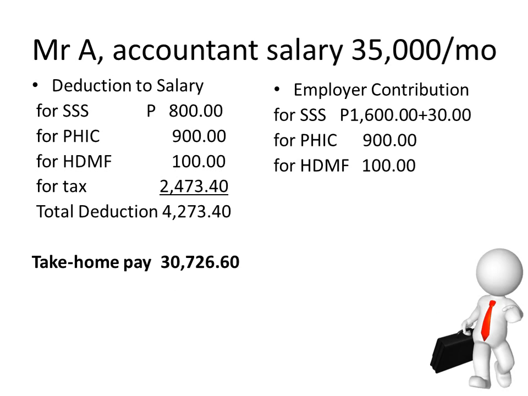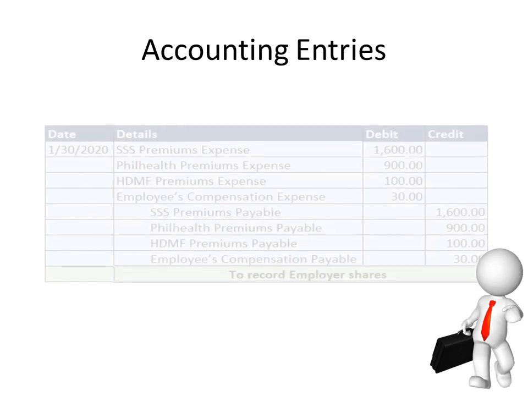So meaning our take-home pay is 30,726.60 if we are in a private entity. Take note that there's a difference between the SSS and the GSIS. And this could also be the reason why those who are publicly employed have a higher pension in the future rather than those who are privately employed.